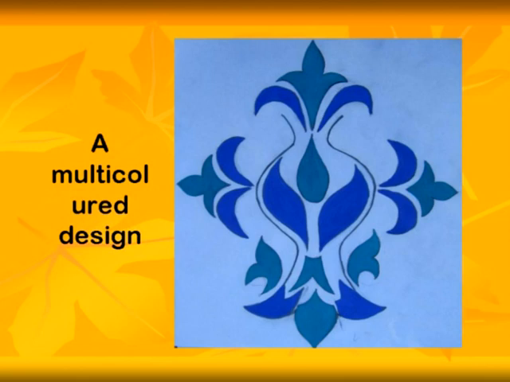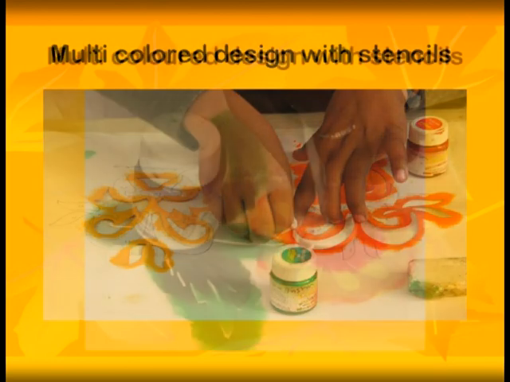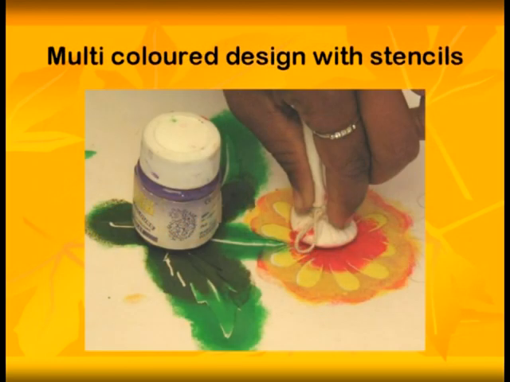Multicolored designs with stencils. It is possible to use more than one color within stenciled shapes by gradually merging one with the other. But you must bear in mind whether the 2 colors will produce the required effect when they actually meet.